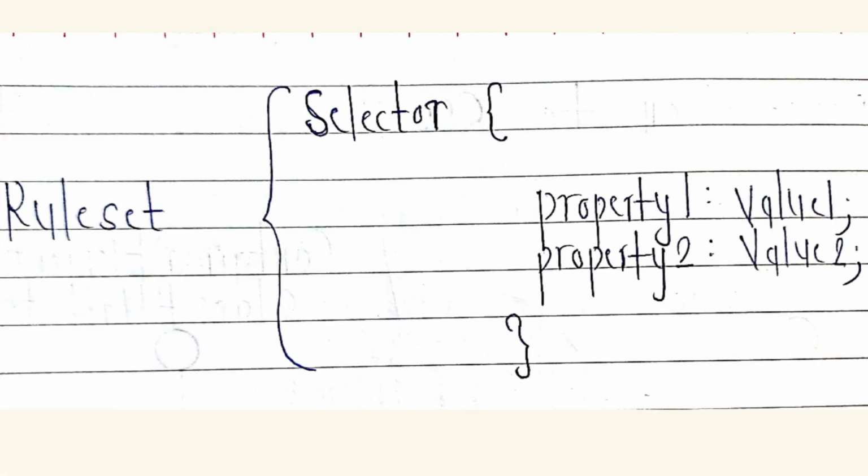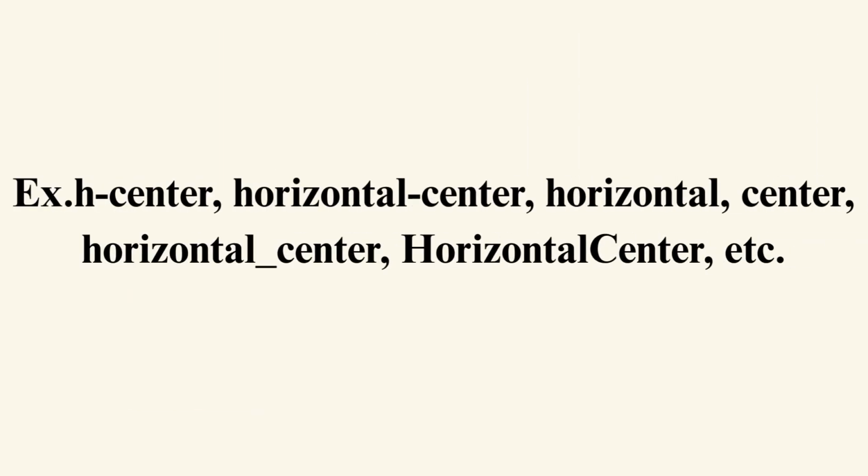To center horizontally, we will use this CSS rule set, which is selector, property, and value. We have to first decide a suitable name for the selector and then use it. For example, h-center.